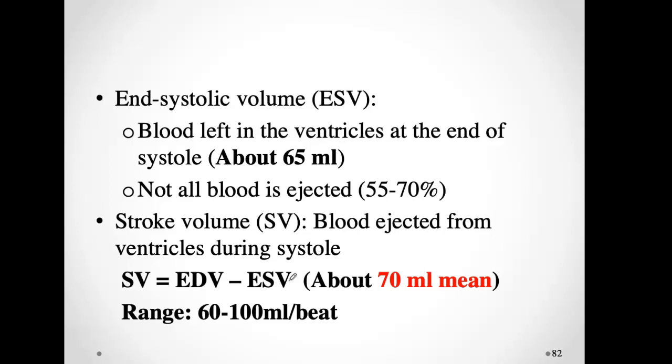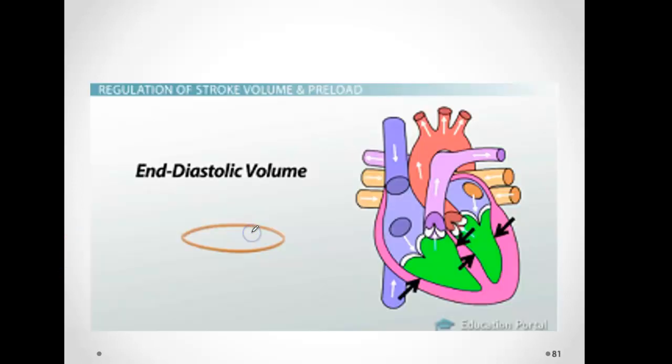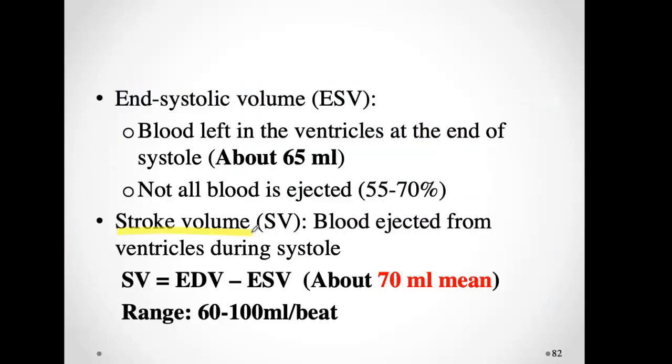Okay, another important value is that we talked about stroke volume before, remember? So stroke volume is the blood ejected from the ventricles during systole. So think of what it is now in terms of end diastolic volume and end systolic volume. It's just a different way of thinking about it.